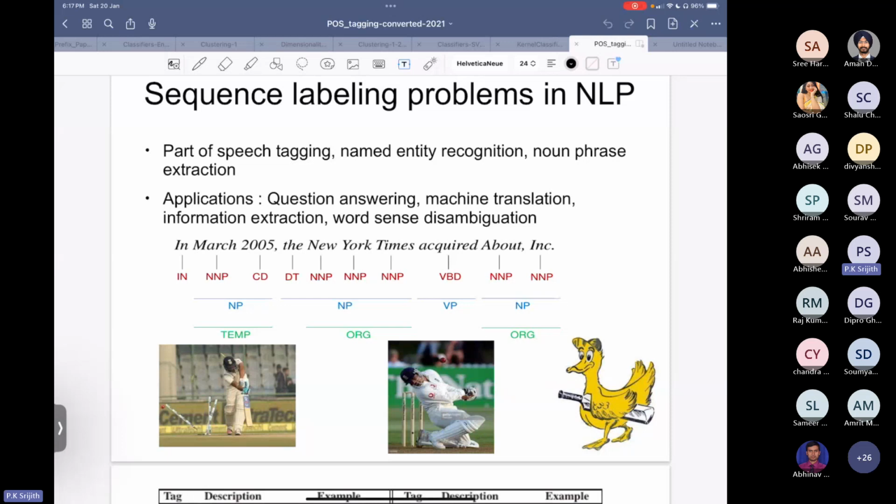What are the other parts of speech? Noun, verb, adjective, pronoun, adverb, preposition, conjunction, interjection.